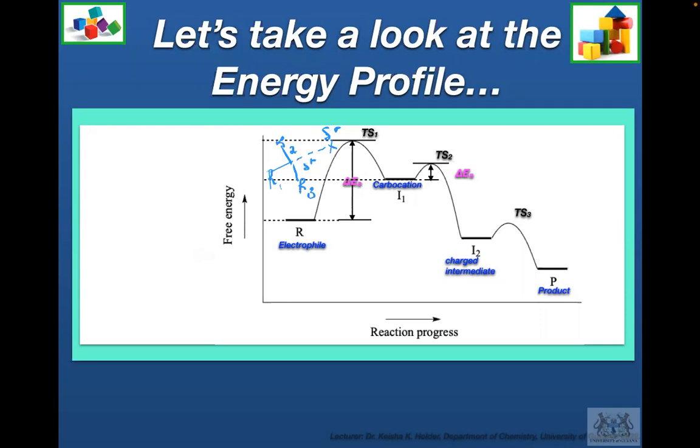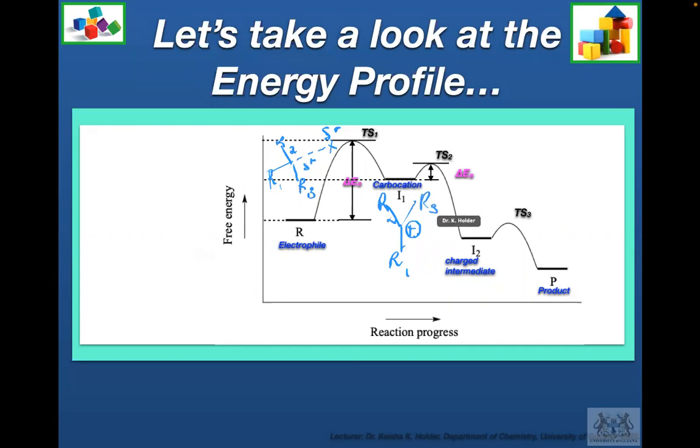Transition state 2, of course, if I were to draw my carbocation here, we already know that this is how it looks. So we have R2, R1, R3.